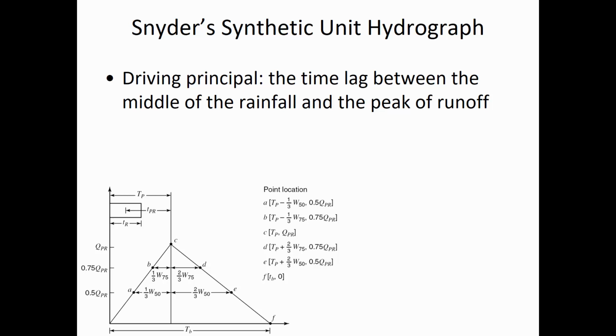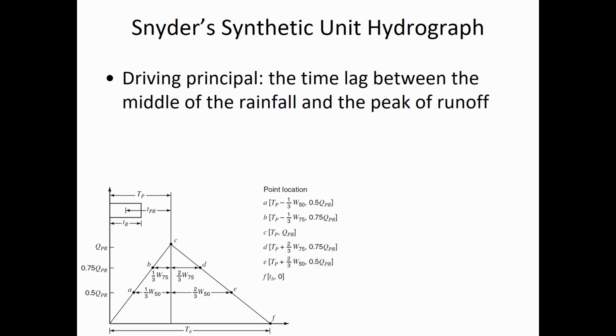And here is the T sub PR. So the last step, the time to peak, capital T sub P is 0.5 hours plus 3.928 hours. So that is 4.428 hours.